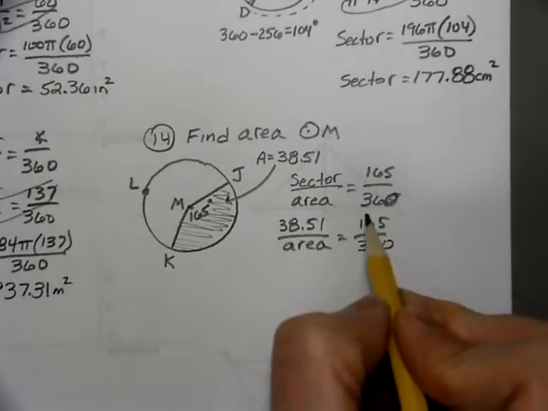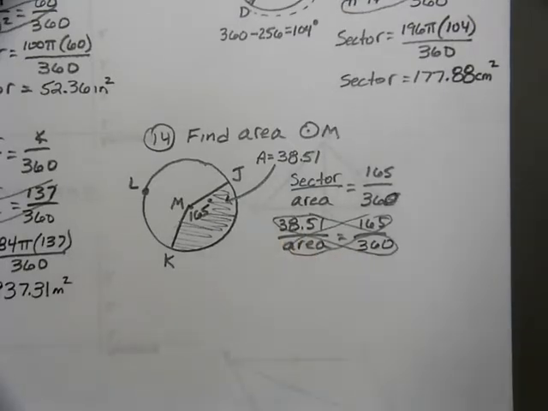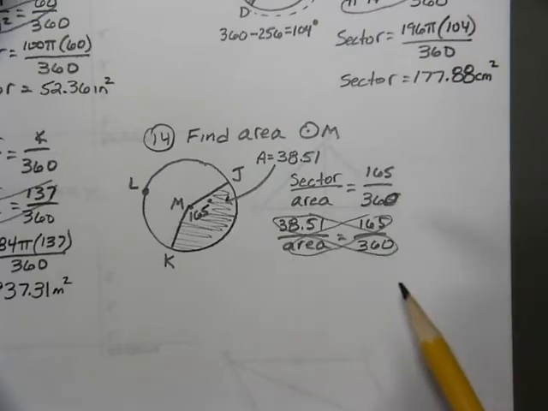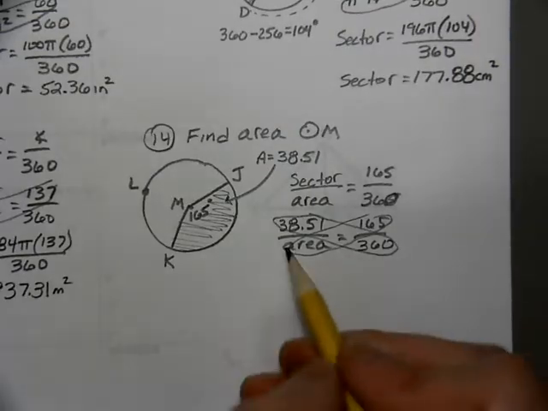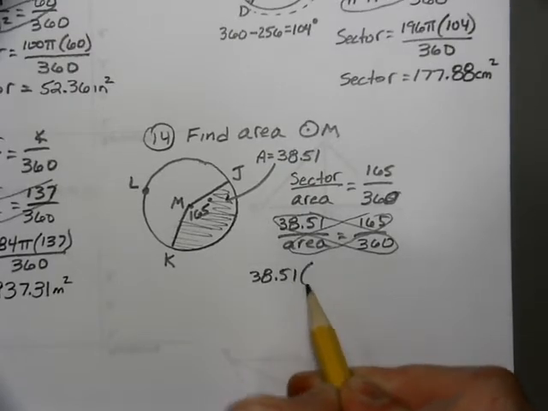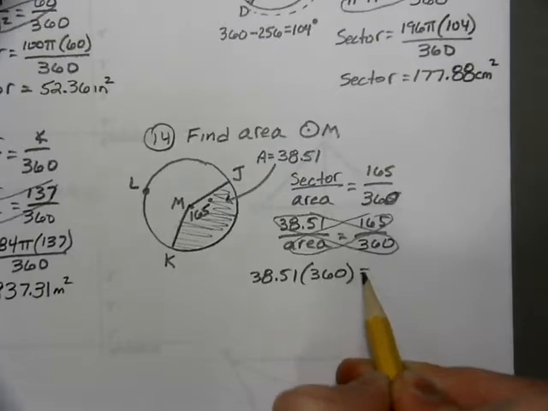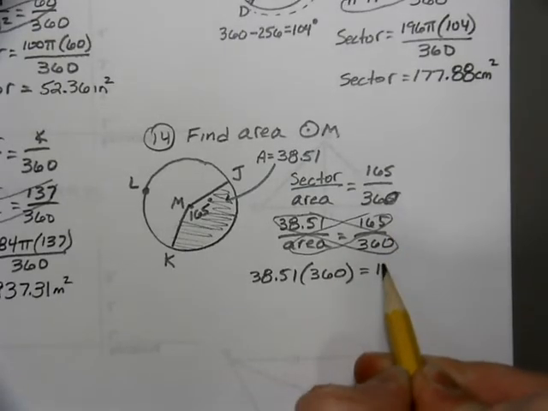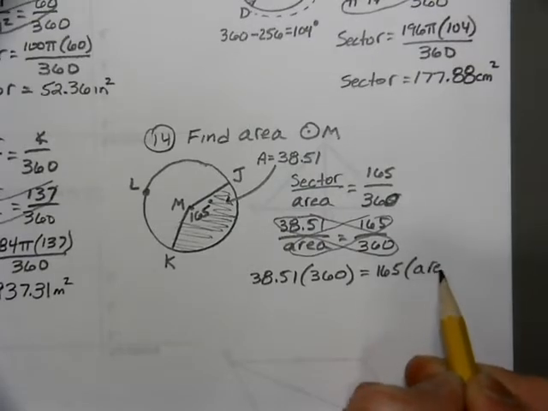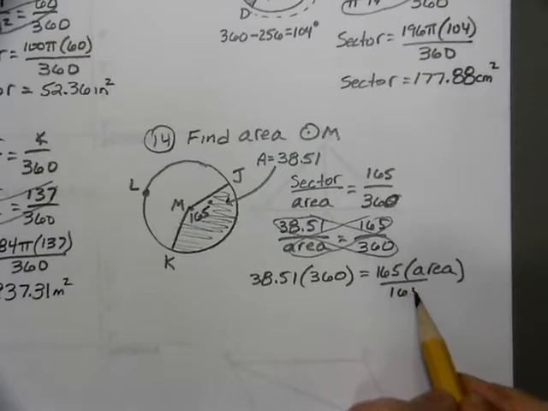So we'll cross multiply. We need to cross multiply both directions because the area that we're trying to solve for is on the bottom. We need to make it on the top. So I'm going to take the 3851 times that by 360, equal that to the area times 165. Divide by 165.